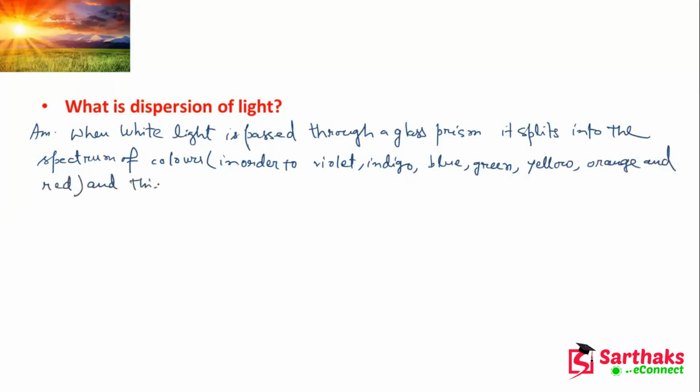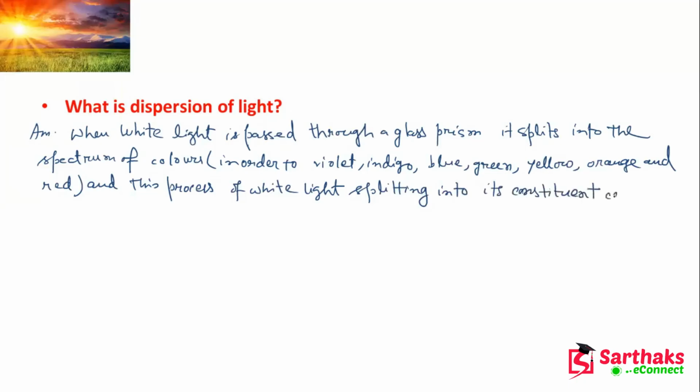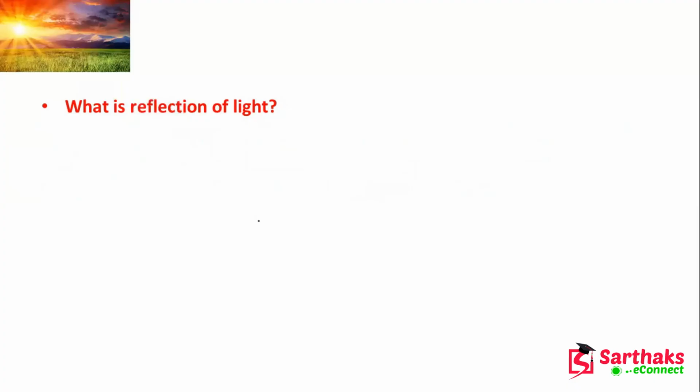This process of white light splitting into its constituent colors is defined as dispersion.